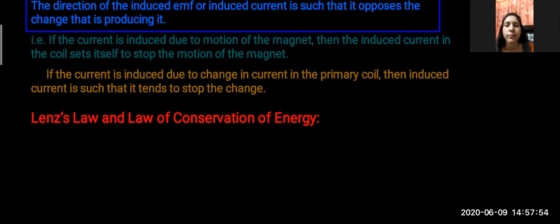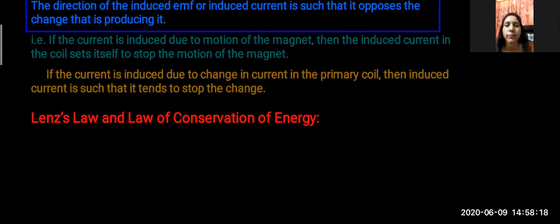The mechanism of transformation is as follows. When the north pole of the bar magnet is moved towards the loop or the coil, forming a closed circuit, the induced current flows through the circuit to oppose the increase of magnetic flux through the loop. As a result, the loop becomes a magnetic dipole, as we have seen in the previous case.